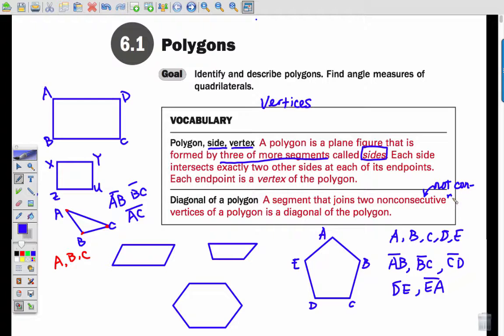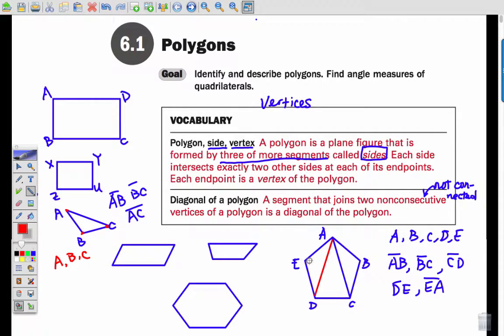So in other words, you find two vertices that are not connected. A and B would be connected, right? So rather than A and B, I do A and C. Maybe I'll change the color. I can also do A and D. Those are two vertices that are not consecutive.